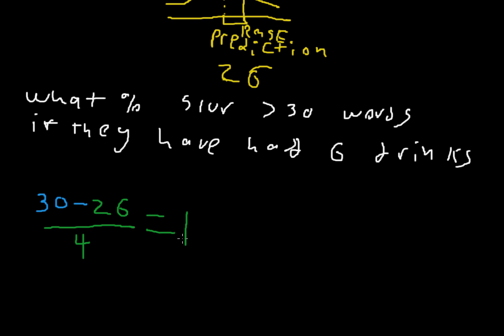If we draw our normal curve, the empirical rule tells us that 68% lies within 1 standard deviation of the mean, which means that 32% lies on either side. It's symmetric, although not quite as I've drawn it. So this area over here is 16%. And that concludes this part of the problem.